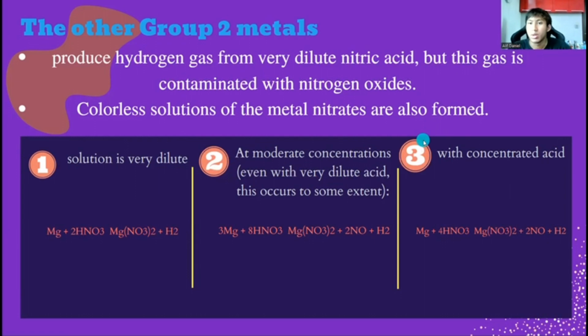When magnesium is reacting with the concentrated acid, hydrogen will also be produced. However, it will be more contaminated with nitrogen oxide.